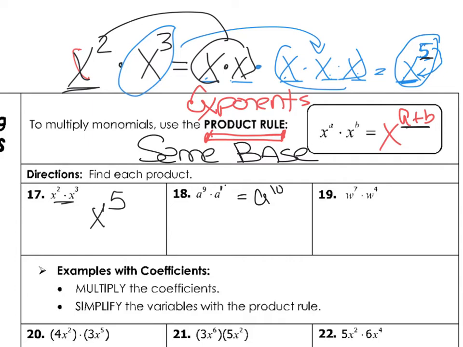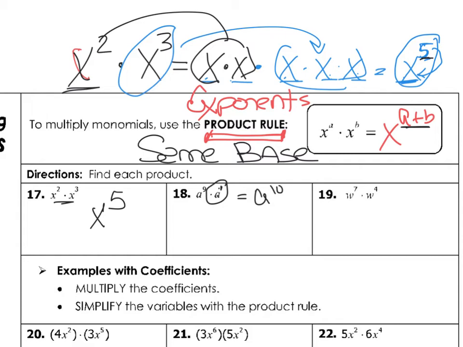Now I'm going to tell you, this invisible 1 will get you every time, most people. In fact, I can remember getting so frustrated because I'd do the work, turn it in, and fail it because of those invisible 1s. I would forget to add that 1, and I would have given the answer a to the 9th. The way I cured it was anytime I saw just a variable with no exponent, I'd put a 1 there.